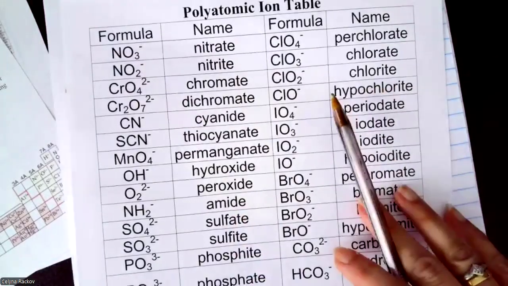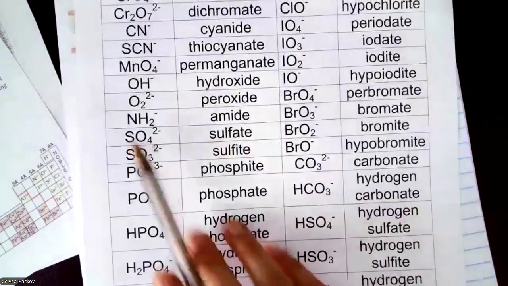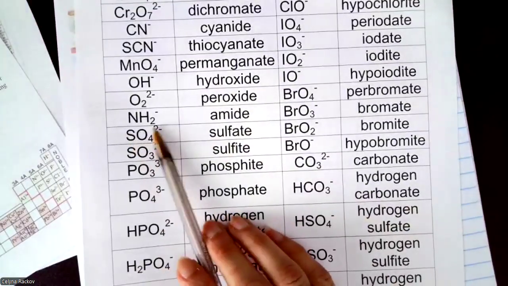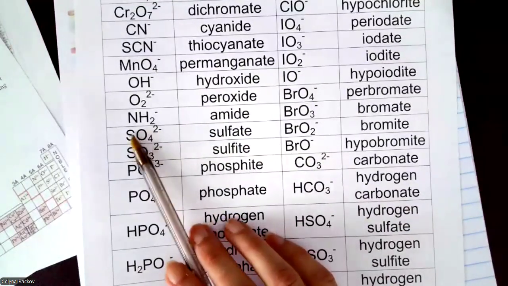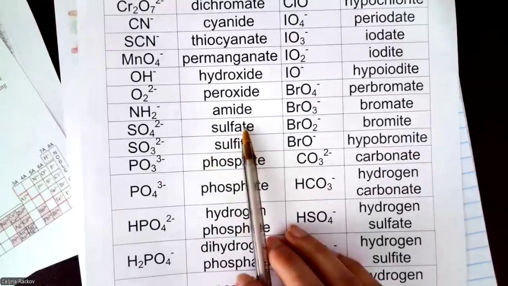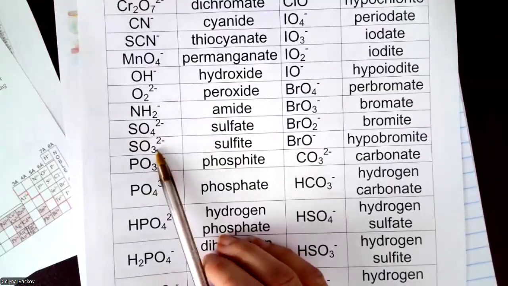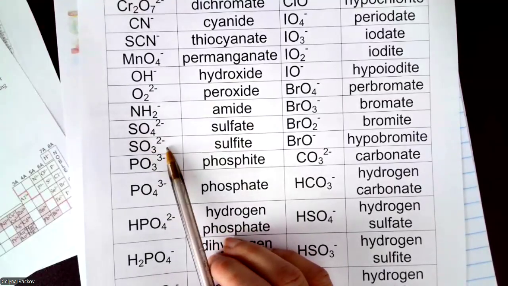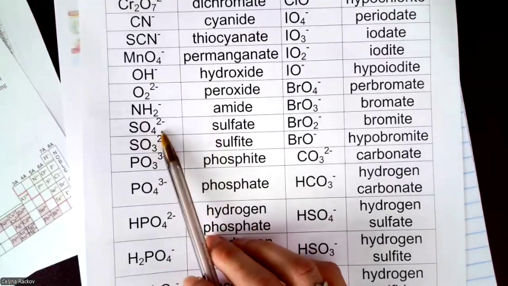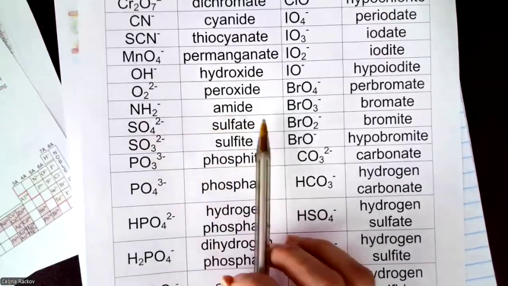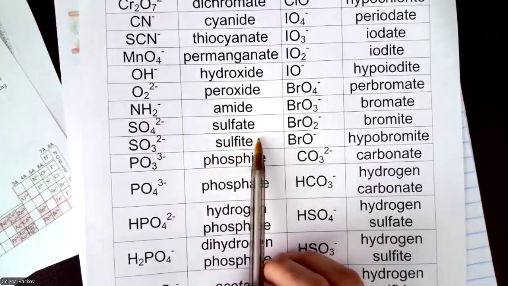For example, here, SO4 2 minus. The SO4 2 minus is sulfate. Now the SO4 becomes SO3, it lost 1 oxygen, right? So 1 oxygen less. So instead of sulfate, now it will be sulfite.